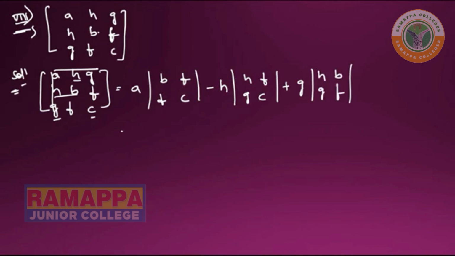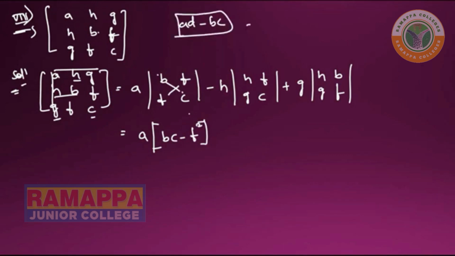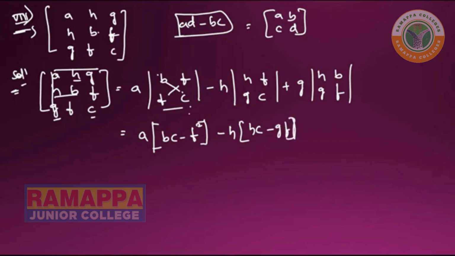Okay, now after this A into BC minus F square will come. So this one, okay, AD minus BC, like the formula used, where A B C D is a matrix like this. Okay, minus H into HC minus GF, bracket close, plus G into, so what will come?